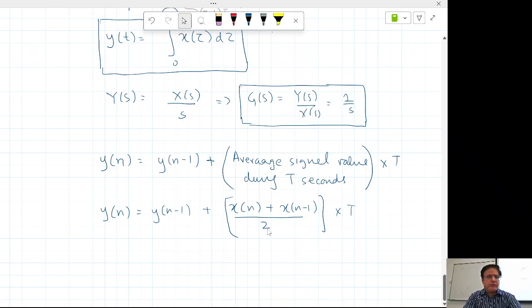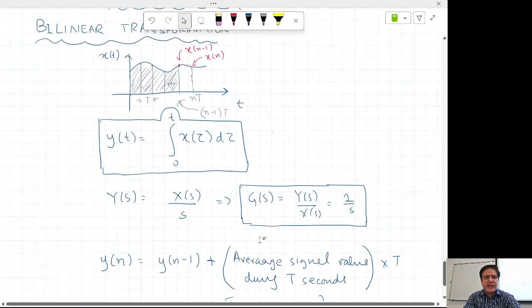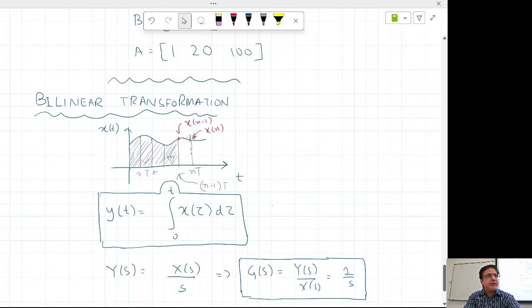So if you want to approximate the area for that particular region, it's going to be x of n plus x of n minus 1 over 2, which is the average height of the input signal during this time, times the time, which is T seconds.